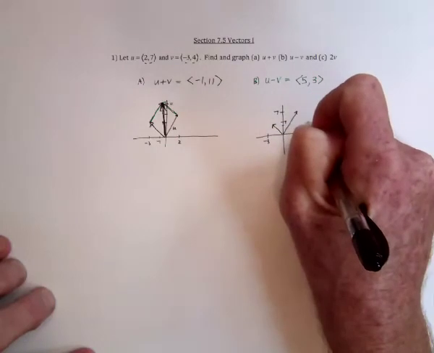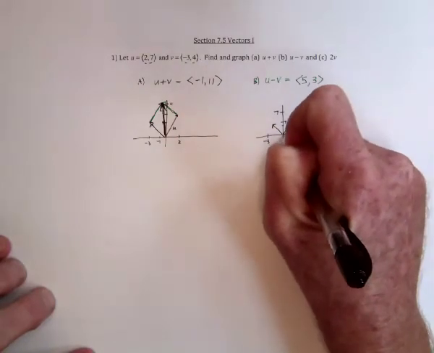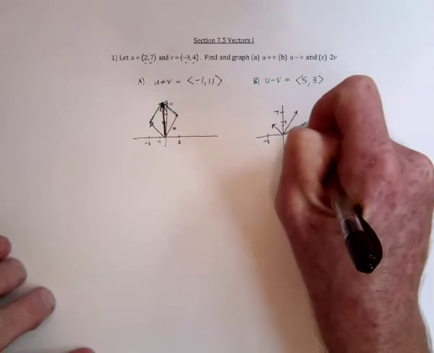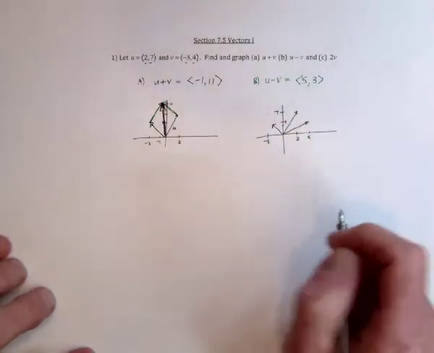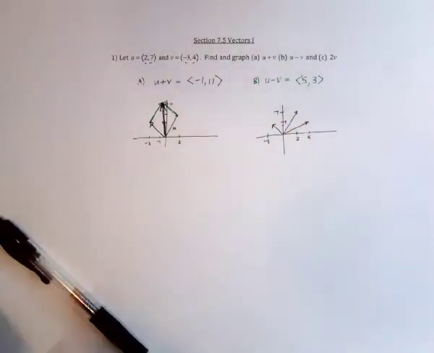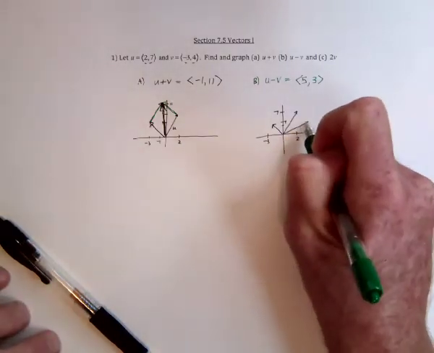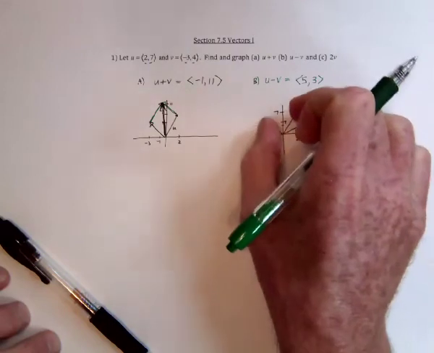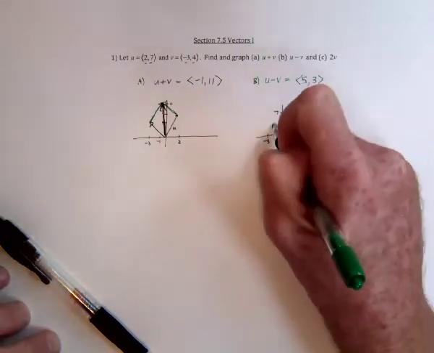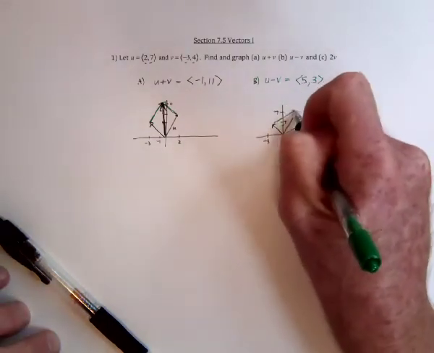So that would be over here. Well, how does that vector compare to the originals? If you take this vector, and again you can just pick it up and move it, it would be going right across here.